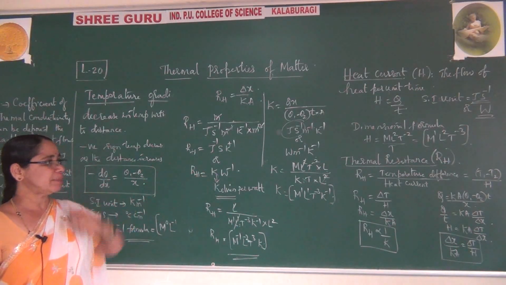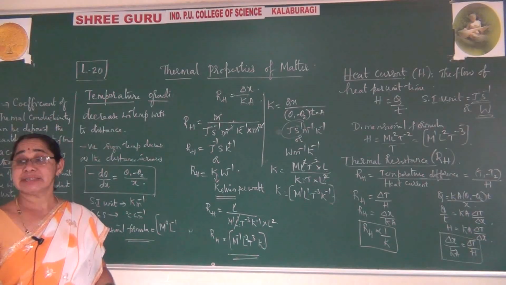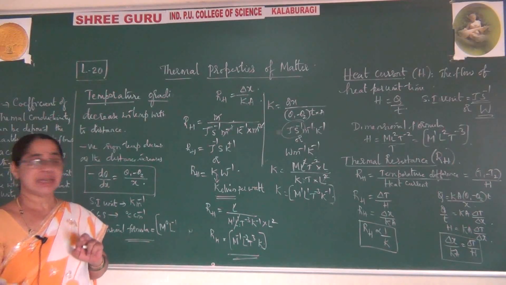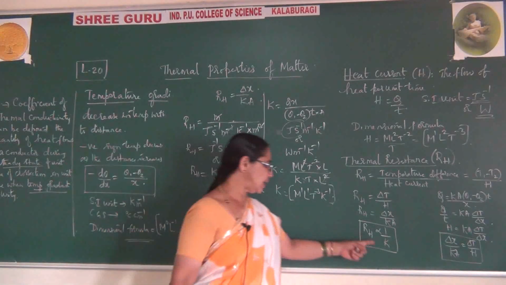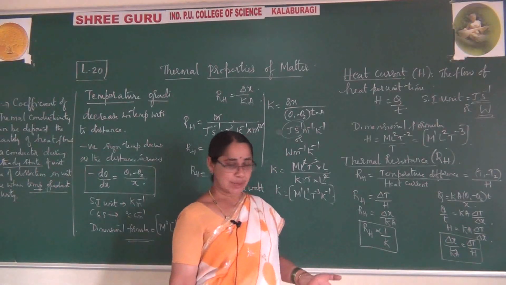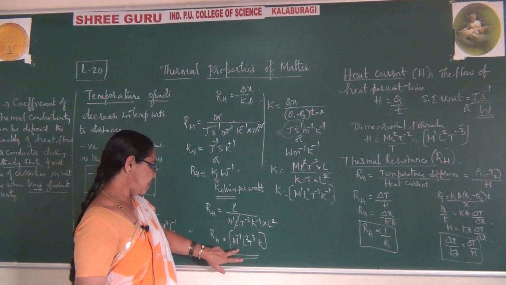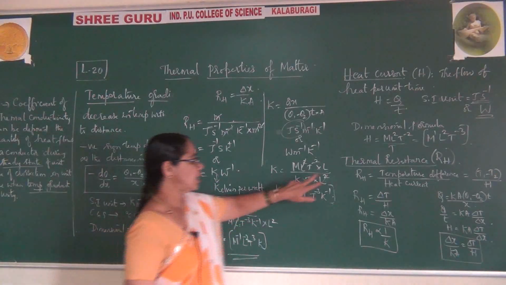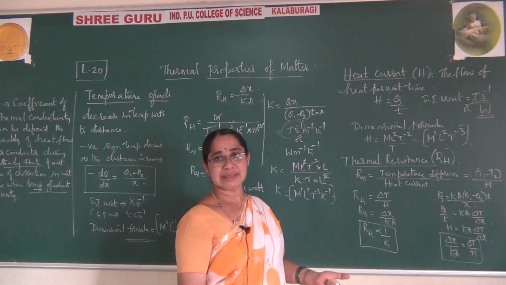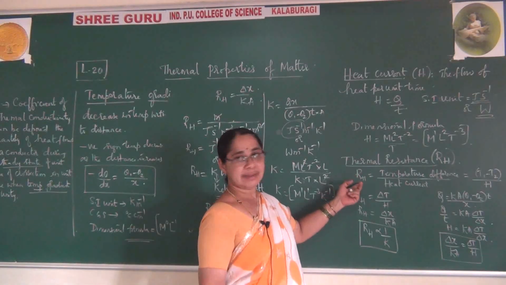You may expect how thermal resistance depends on thermal conductivity. At that time, you have to remember this condition, write its SI unit, maybe its dimensional formula, or define thermal resistance.